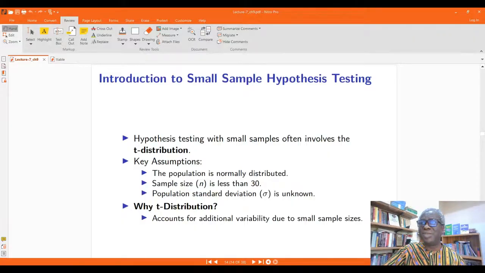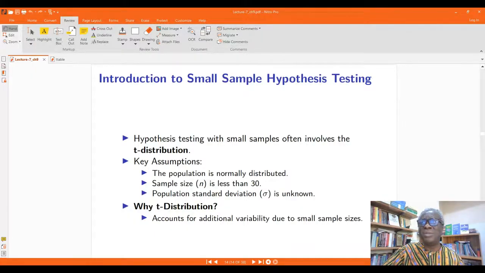And the key assumptions underlying the use of the t-distribution are: one, that the population is normally distributed, and then the sample size is less than 30, and then of course the population standard deviation is unknown. These are the conditions that must be satisfied before you can use the t-distribution.